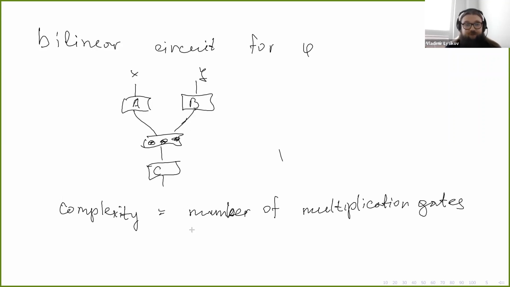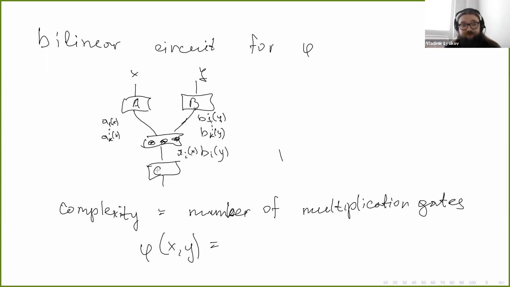And we have a nice algebraic representation. So in this case, phi of xy: after the linear block A, we compute some linear forms A1 of x up to AK of x, where K is the number of multiplications here. And on the right, we also compute some B1 of y up to BK of y. Then we have some product, and we do some linear combinations of products Ai of x times Bi of y.